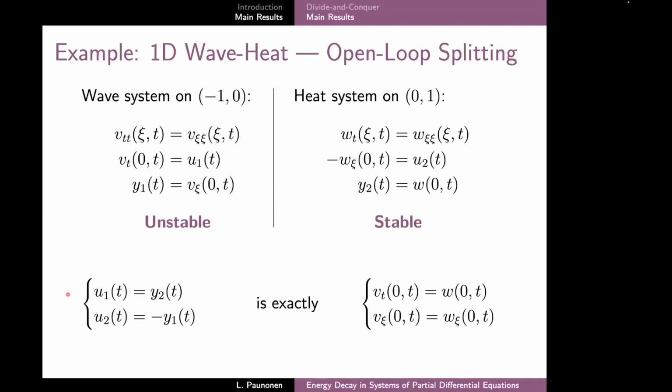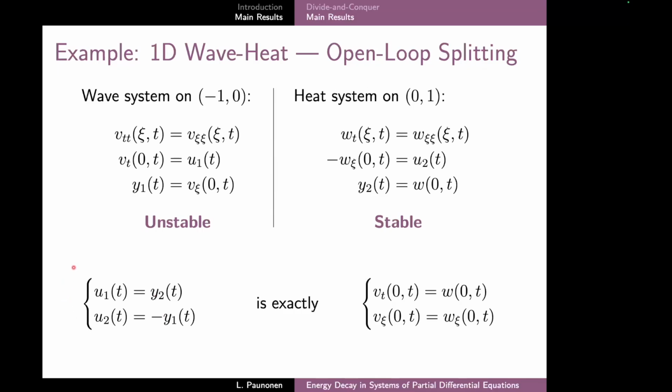And then the kind of feedback interconnection we are interested in implementing is where we assign the input of system 1 to be the output of system 2, and then the input of system 2 to be the output of system 1, but with the flipped sign.